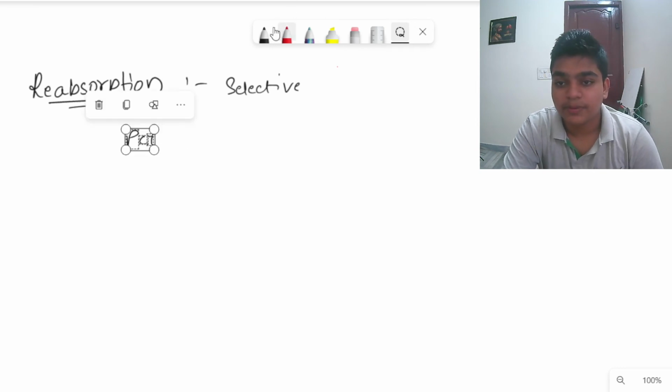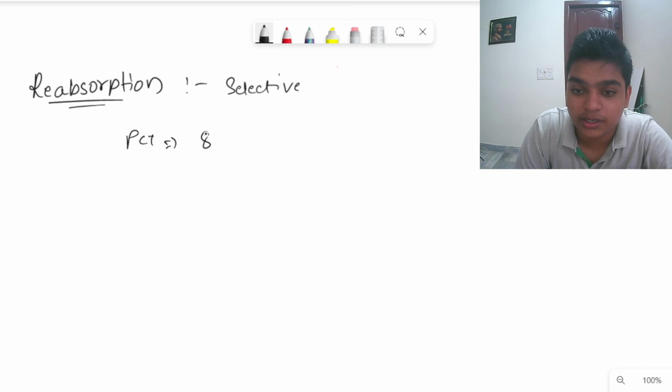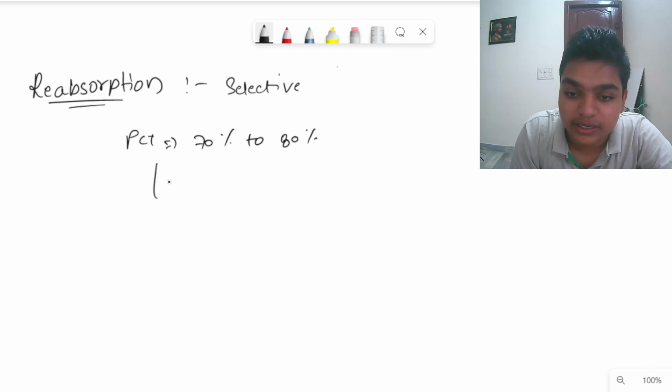Here in the PCT part, make points: 70 to 80% of electrolytes are being reabsorbed. What are being reabsorbed in the PCT part? K plus, reabsorption only, not secretion.